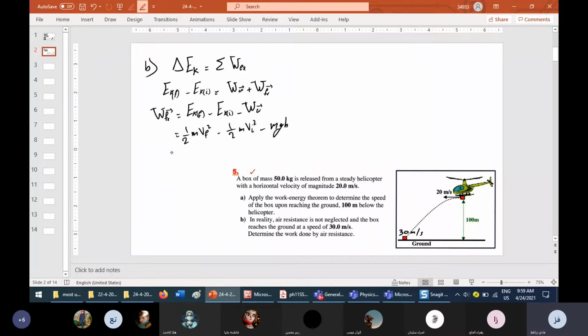Let's start substituting. Half the 50 v final, I have it as 30 square, minus half the 50 times 20 square, minus mgh. Mass is 50, g is 10, h is 100. You can make it as a one-step calculation.